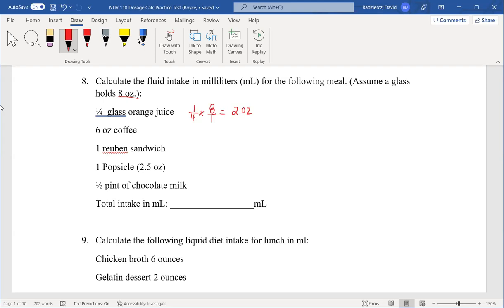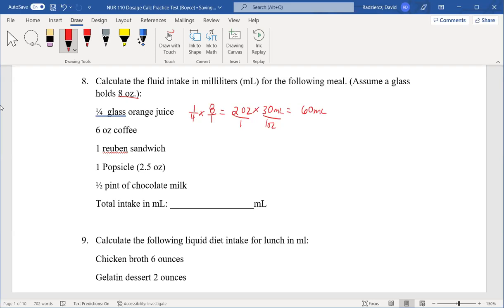So there's a couple different ways you can do that. And then we know that 1 ounce is 30 milliliters, so I can even just put that over 1 ounce. Sometimes when I do these things, I skip some steps. But 2 times 30 would just give you 60 milliliters.